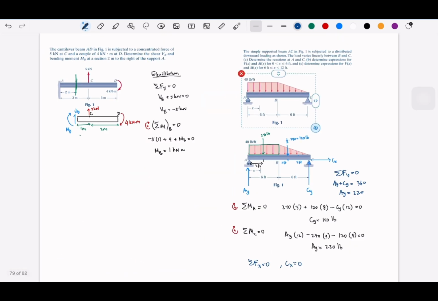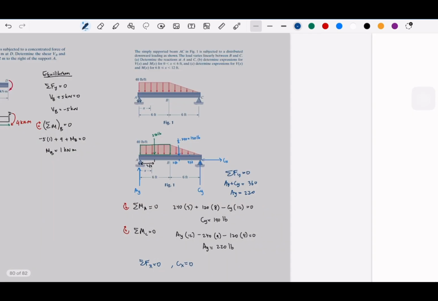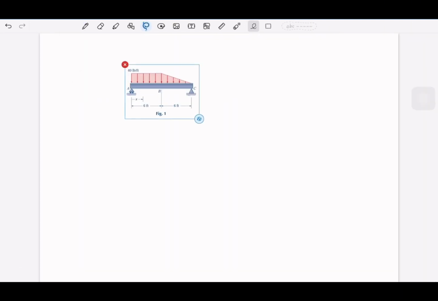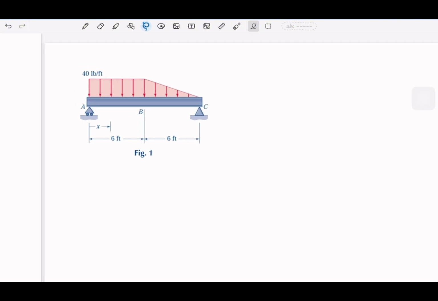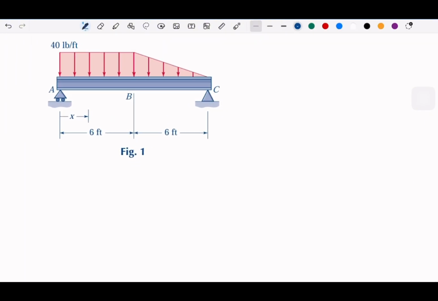I need to copy this part again. Let me move to this slide here.